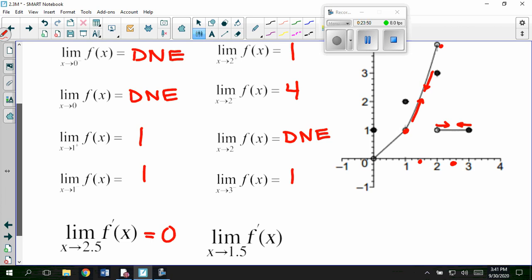I've got this point right here at 2, 4. So we have a rise of 3 and a run of 1. So the slope of that segment would be 3. So the limit of f prime of x as x approaches 1.5 is also going to be 3. So I can put in some function requests. I can also have some limits with derivative requests.